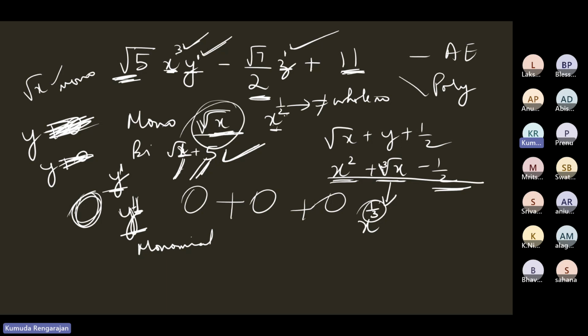When all sides are equal, equilateral. When 2 sides are equal, isosceles. When no sides are equal, scalene. If all angles are acute, acute angle triangle. If one angle is right, right angle triangle. If one angle is obtuse, obtuse angle triangle. In the same way, we classify polynomials based on the number of terms: 1 term, 2 terms, 3 terms.